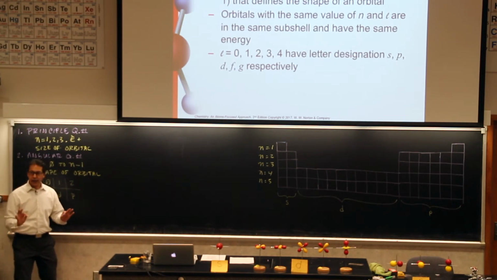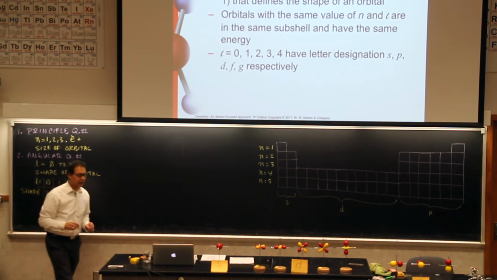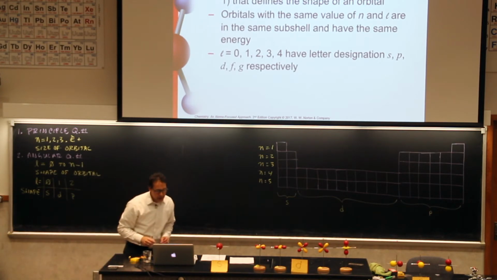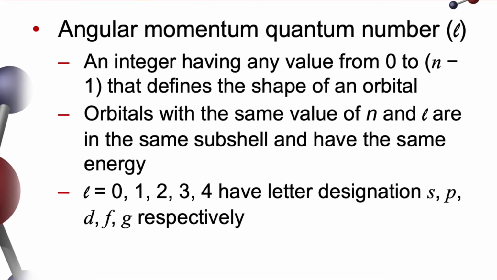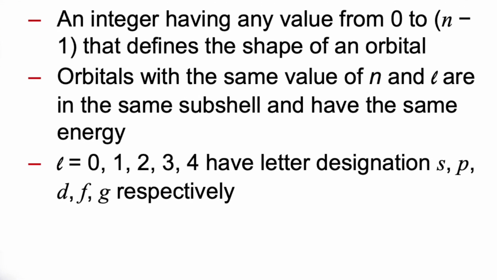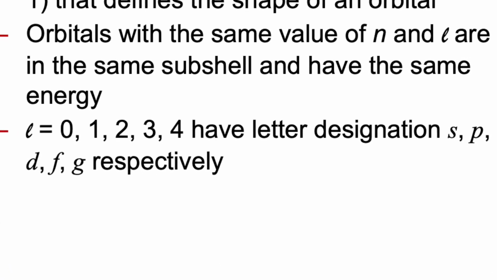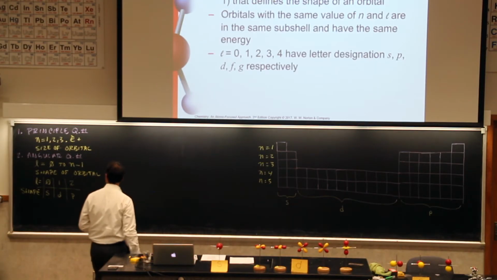Okay. Any questions so far? We're just kind of going along with it? Yes. It has P as the second one. Oh, yeah, because it goes 0, S, P, D, F, G. So yeah, P comes second, dang, I never studied German.